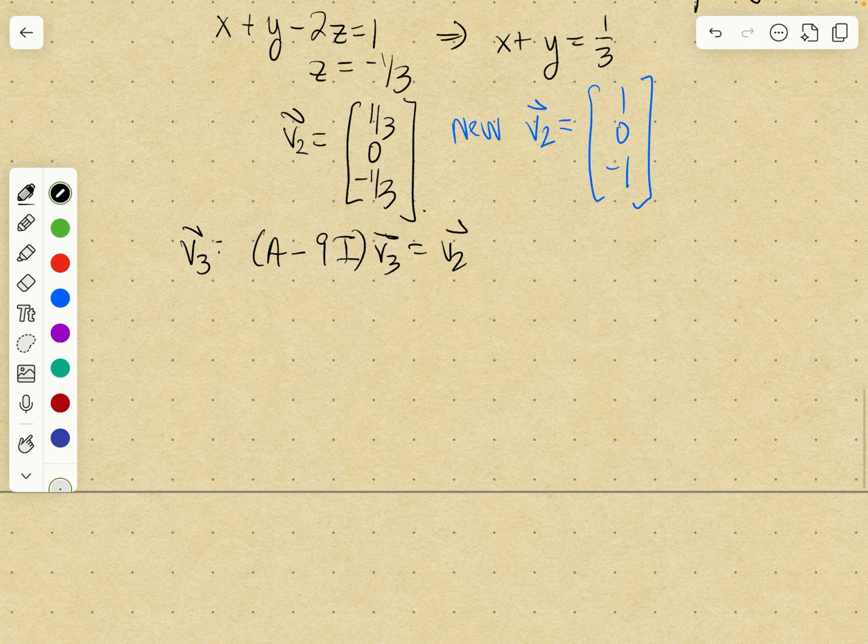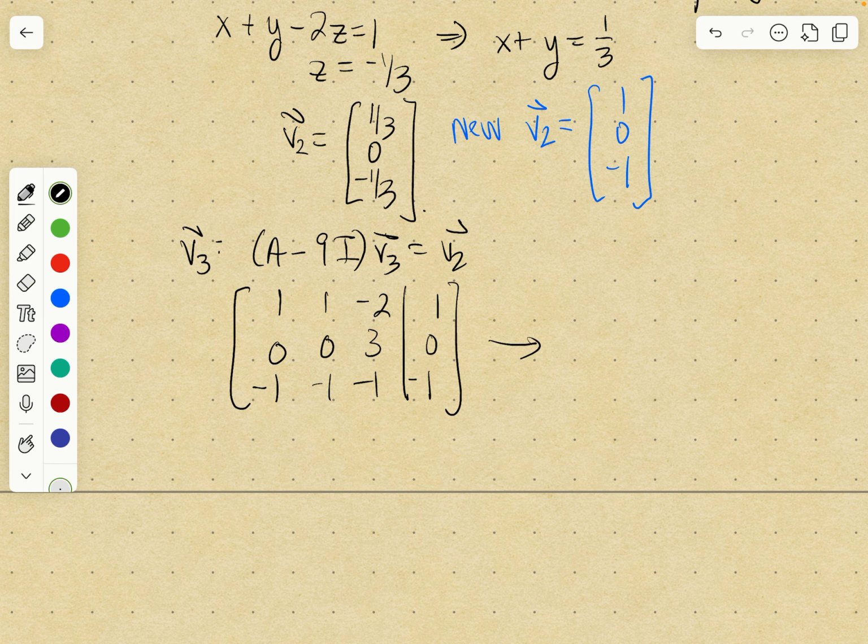And we're using the new v2, so we get this system. And this is actually relatively easy. I'm just going to skip to the echelon form. You get this.